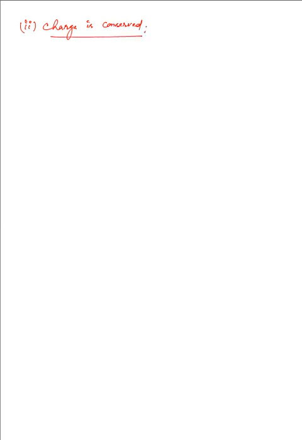What does that mean? Well, take the case of a given system comprising a few particles. Let's say we have a system over here. I'm just assuming a segment of some space, and we have a few particles which are carrying a certain charge with them.